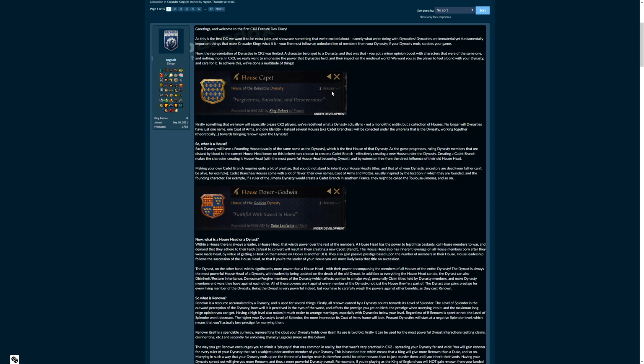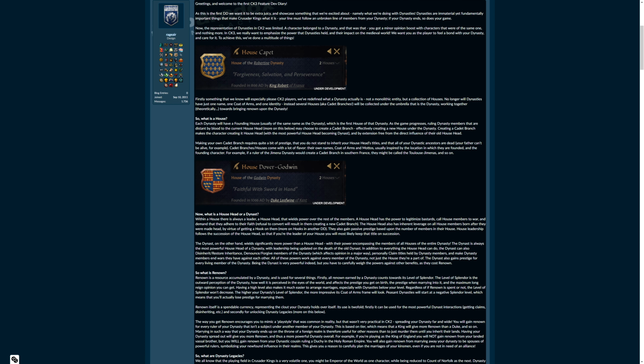Will you have one house at the start, and will it branch off as you gain more power, as your family members go into more and more ruling positions? Does that play a role? We're going to look at that. So a dynasty in Crusader Kings 3 will be not a monolithic entity, but a collection of houses that should work together, theoretically, towards bringing renown upon the dynasty.